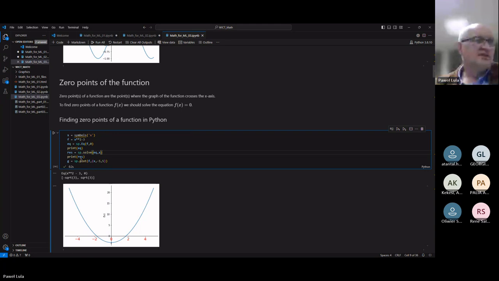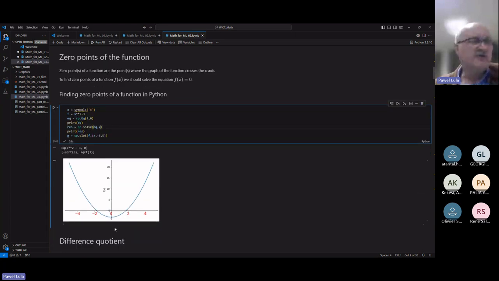These results were printed here, and the last command is a command which I use for displaying this chart, this graph. So we see that everything is okay. Zero points of this function f, which was defined here, we can see here as minus and plus square root of 3, and also we can see these results.